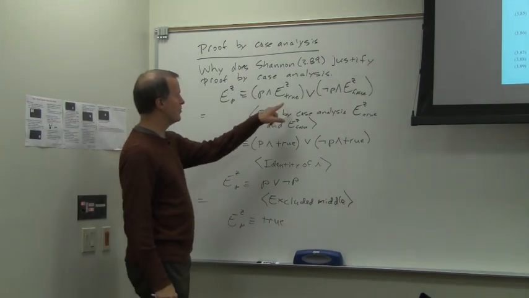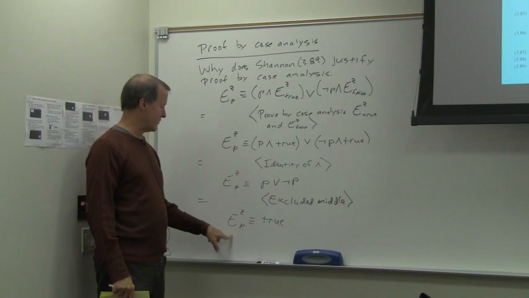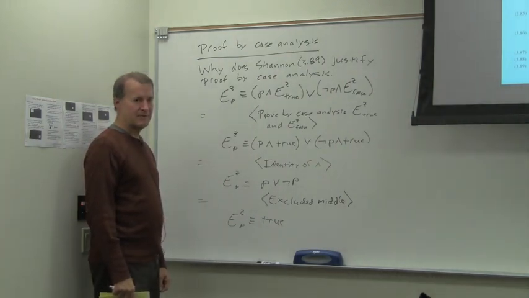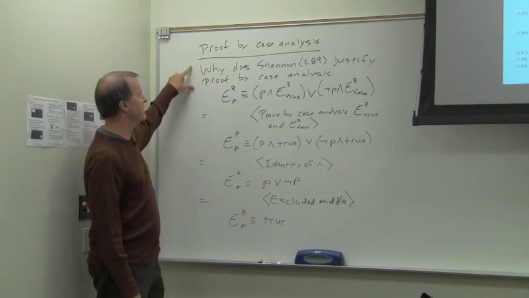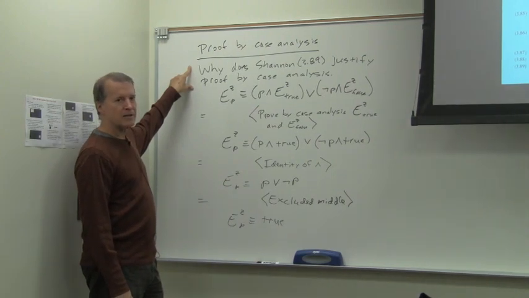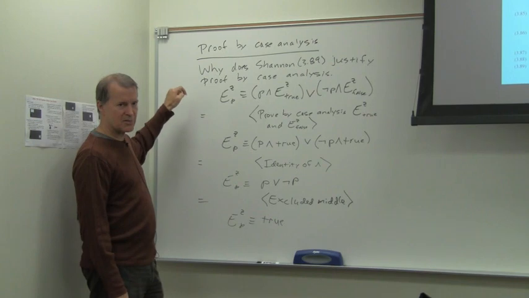If you do each one of these individually by case analysis, basically what you're showing is that E with Z replaced by P is true. Is this a reproof, right? No. This is not a reproof. This is a demonstration about why Shannon is the basis for proof by case analysis. Shannon shows that proof by case analysis works. Do you see what I mean?